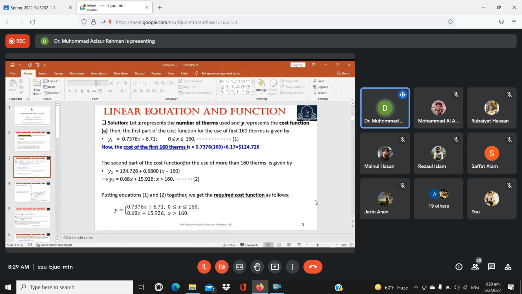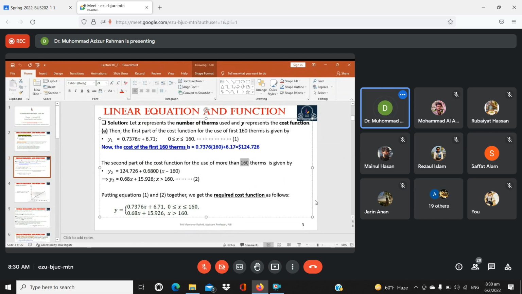The second part of the cost function is for the use of more than 160 therms. You can write the equation as y2 equals a fixed price, because you are using more than 160. For 160 units, you have to pay this much. So this will be your fixed portion, plus the additional per-therm amount.